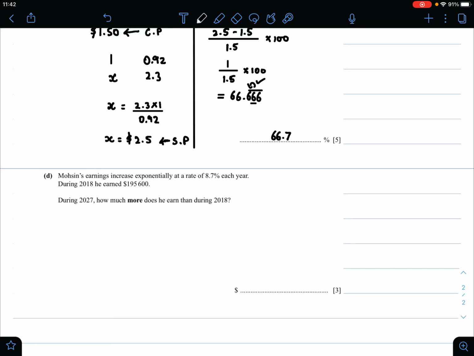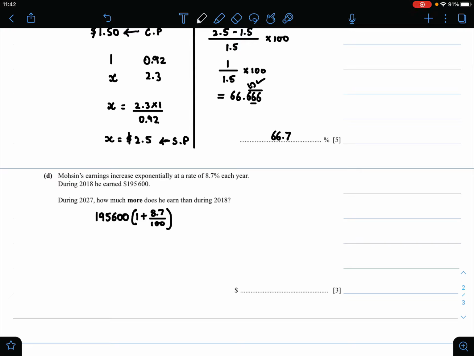So, you will use the compound interest formula where your principal amount is 195,600 multiplied by 1 plus the rate, which is 8.7%, divided by 100.